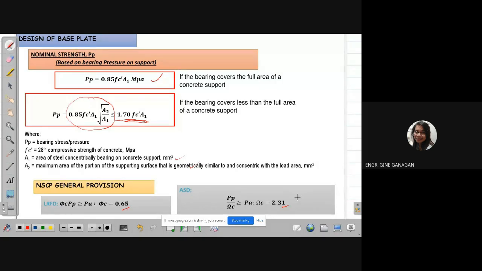The same pa rin sa previous, yung sa tension and compression natin, that our design or our allowable strength should be greater or equal to our ultimate load or our service loads. Okay? So, yung fc', compressive strength yan ng concrete. Okay, punta tayo paano pagkuha ng A1, yung area of steel concentric bearing ng concrete, tapos yung A2 natin.